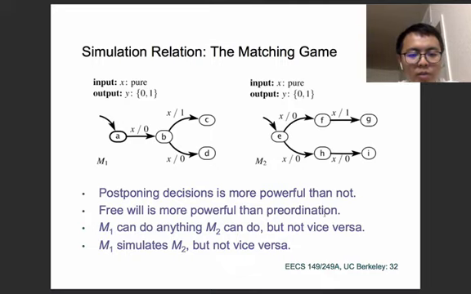First of all, postponing decisions is more powerful than not, which means you get more flexibility to deal with the decisions. And the second is that free will is more powerful than pre-ordination. So M1 can do anything M2 can do, but M2 cannot do something M1 can do. So M1 simulates M2, but not vice versa.